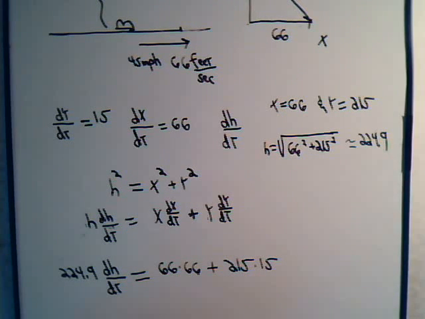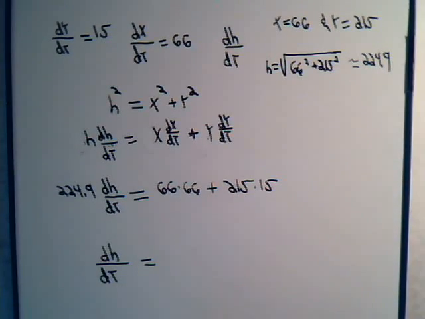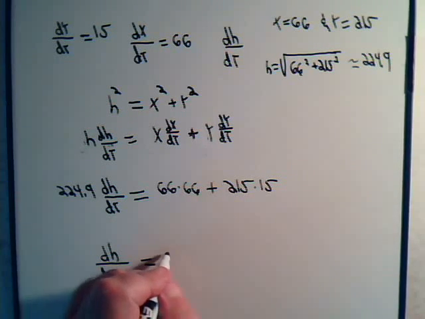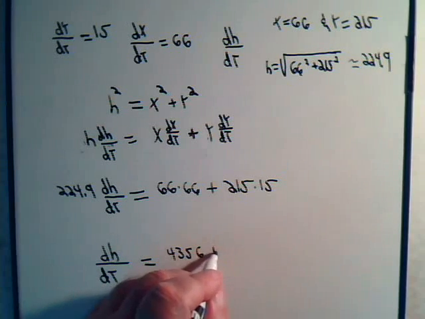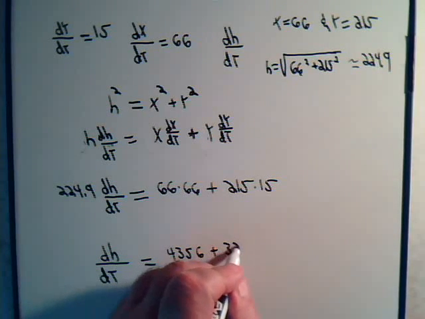So dh/dt will be equal to 66 squared, which comes out to 4356, plus 215 times 15, which is 3225.